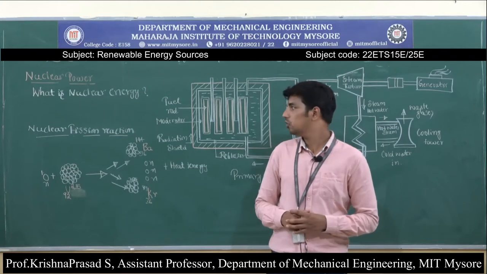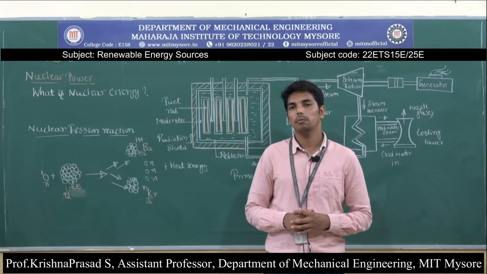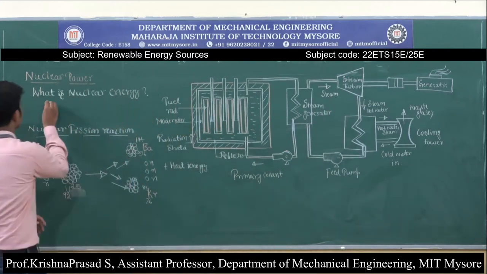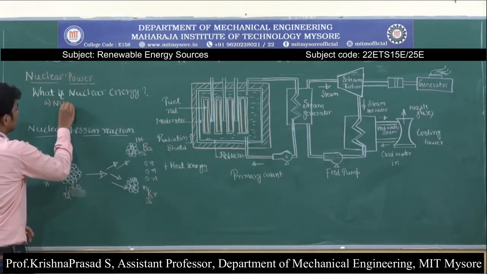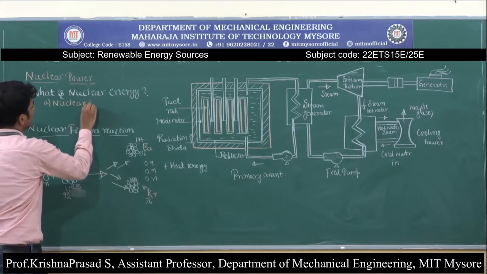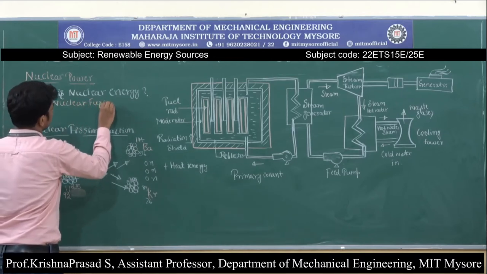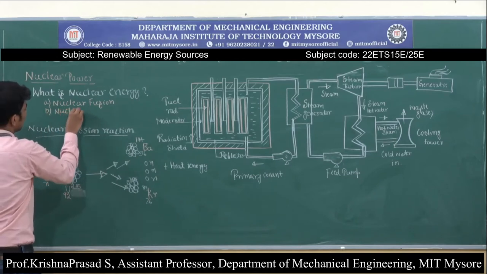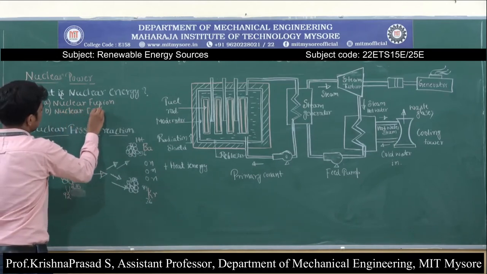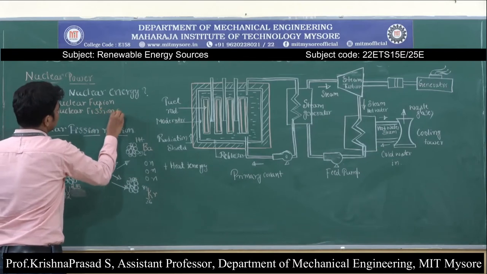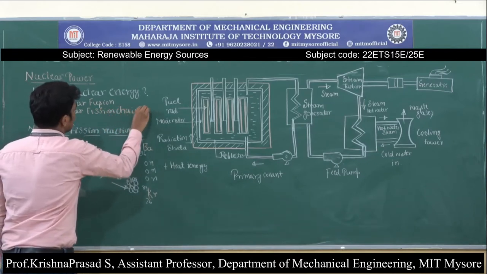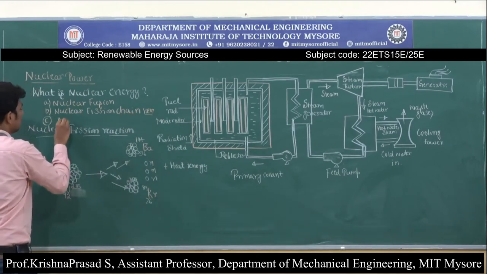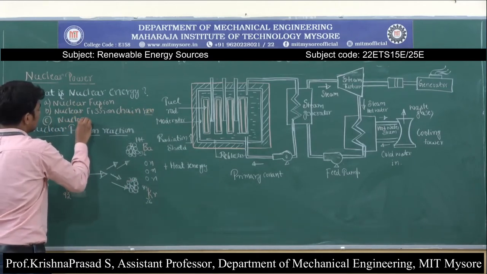This nuclear energy can be released from different reactions. One is called nuclear fusion reaction, another is called nuclear fission chain reaction, and the other is called nuclear decay.